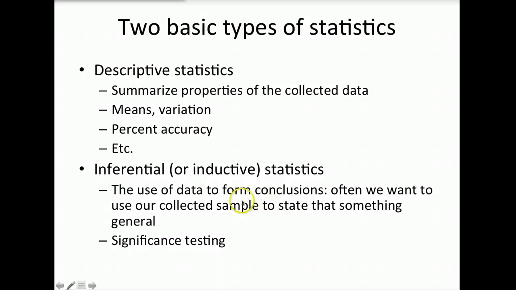And in order to do that, we do what is called significance testing, and I'll return to that in the next video. But first of all, we will look at some of the very basic tools that we encounter in descriptive statistics.